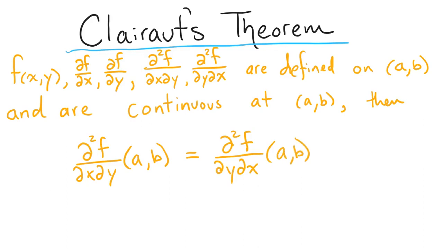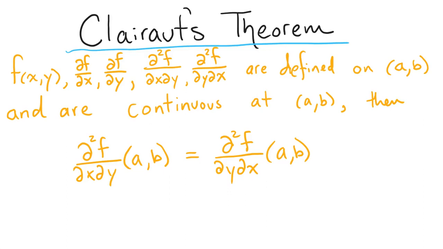So it basically says that if these five functions are defined on an interval and are continuous at a point, then it really doesn't matter what the order is that you take the derivatives in, as long as you take them in the same order if you are calculating the second order mixed partial derivatives.